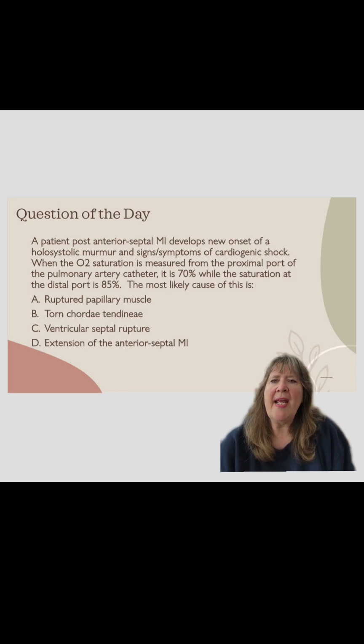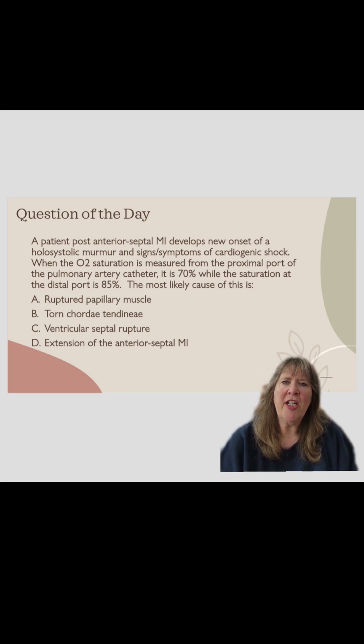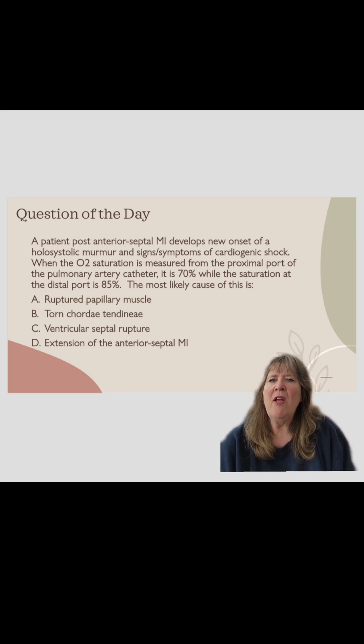A patient post-anterior septal MI develops new onset of a holosystolic murmur and signs and symptoms of cardiogenic shock. When the O2 saturation is measured from the proximal port of the pulmonary artery catheter, it is 70%, while the saturation at the distal port is 85%.